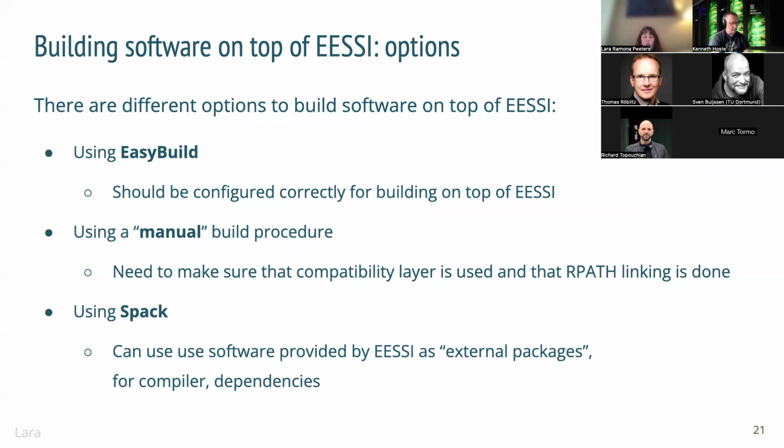Kenneth will later show you, hopefully, one of the cases that it works. And in this case, you can make a database of the provided software packages in EESSI and register them as external packages so that Spack will rely on what is in EESSI instead of building it themselves.